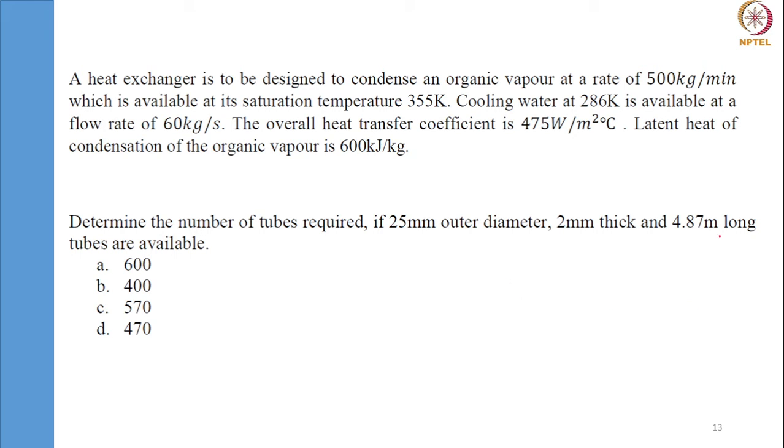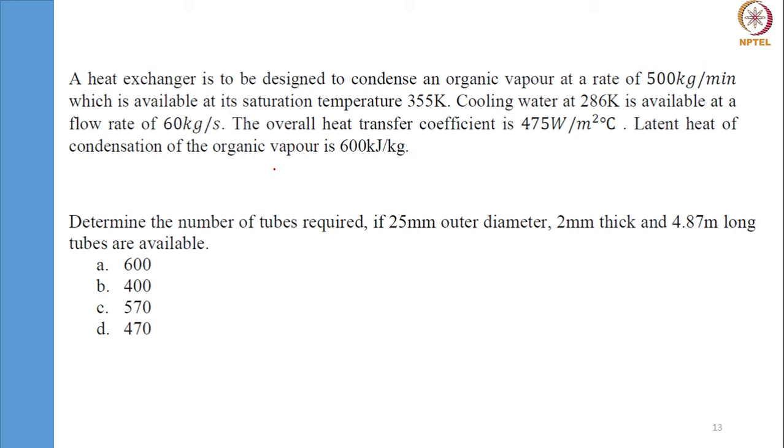So you can take time. I'll give you a few minutes. After you try, I'll keep giving you little hints. It is not very different from the problem that we solved earlier. The first two steps: finding out LMTD, and doing an energy balance to find out TC out.